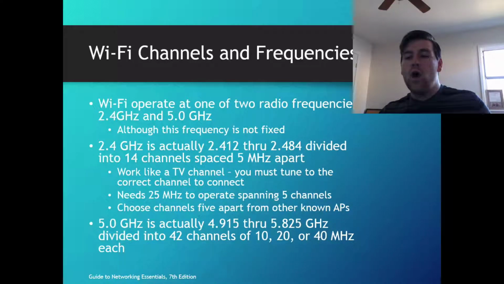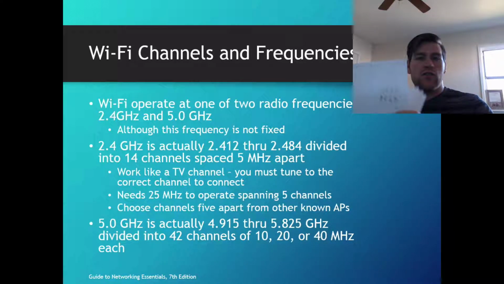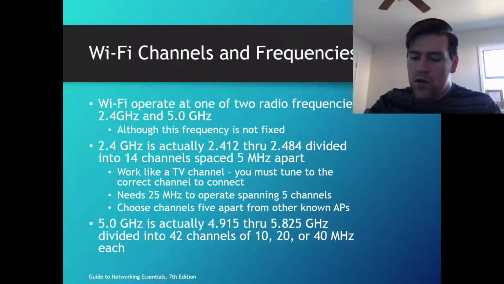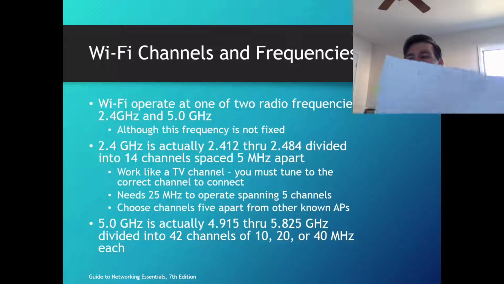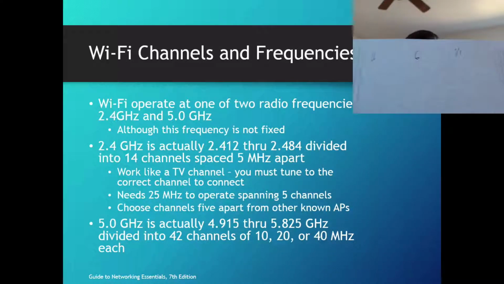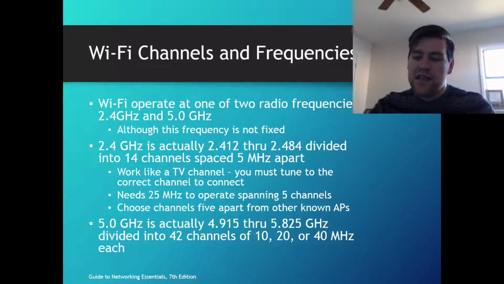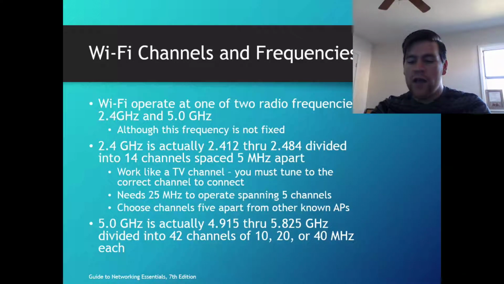If you're using channel 1, channel 6 is 5 channels away. So 1, 6, and 11 are the most common channels used because they're all 5 channels separated from the others. Okay, 11 is actually 10 channels separated from 1, but it's 5 channels from 6, and 6 is 5 channels from 11.